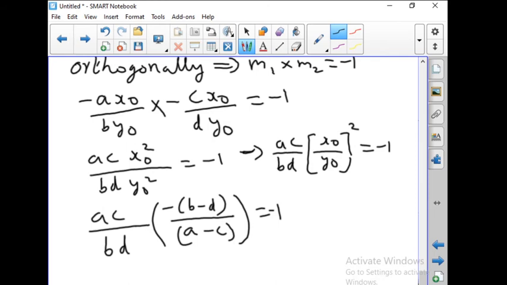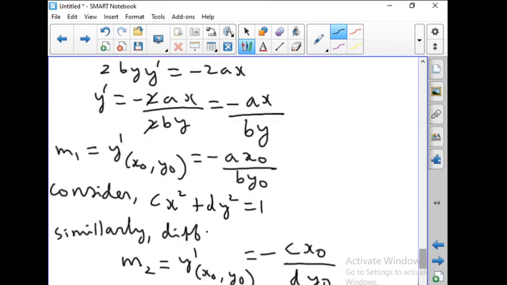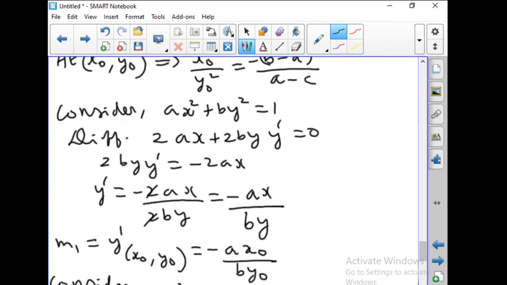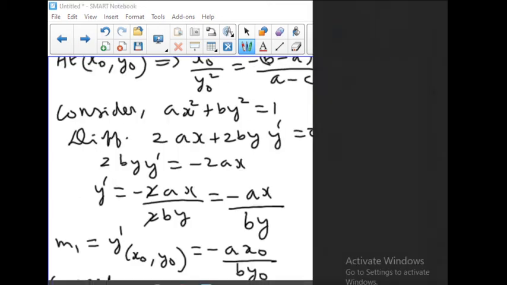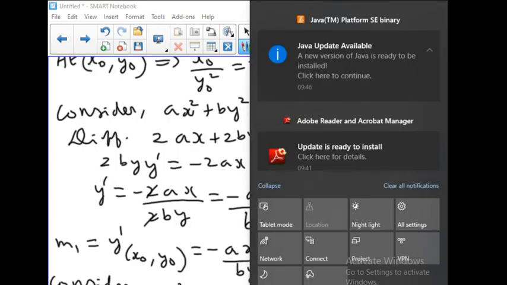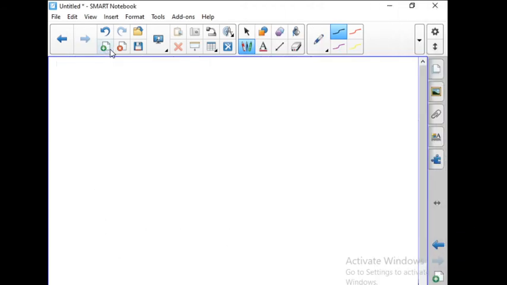Therefore, on the left hand side we have a minus, on the right hand side we have a minus, both will cancel.